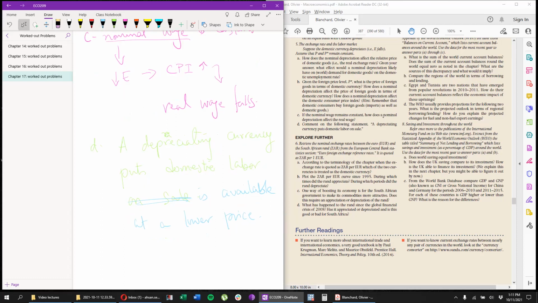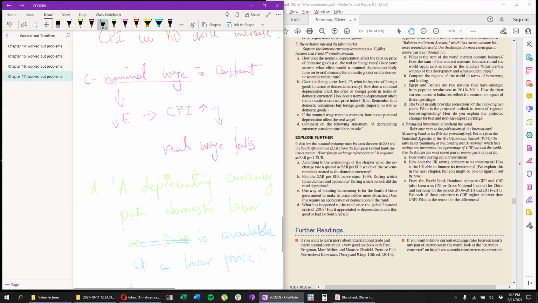So what this statement is effectively telling us is that nothing has to change in the wage of the workers, but just because there is a depreciating currency, a nominal depreciation in that currency, domestic labor will become cheaper. And yes, I agree with this statement.